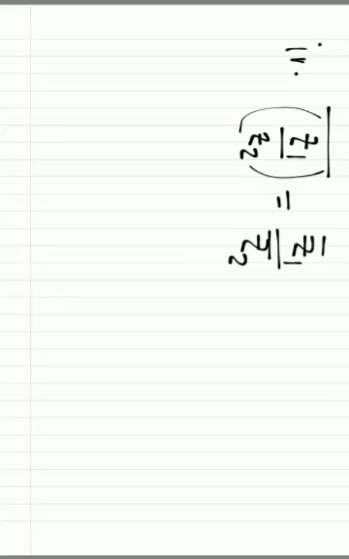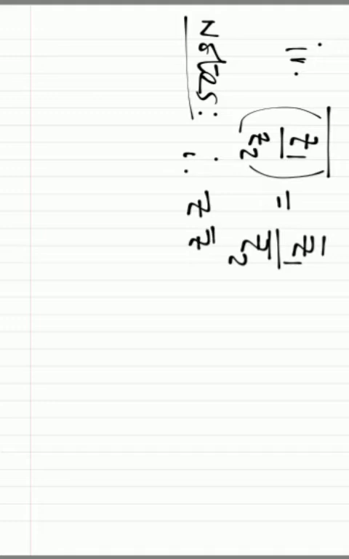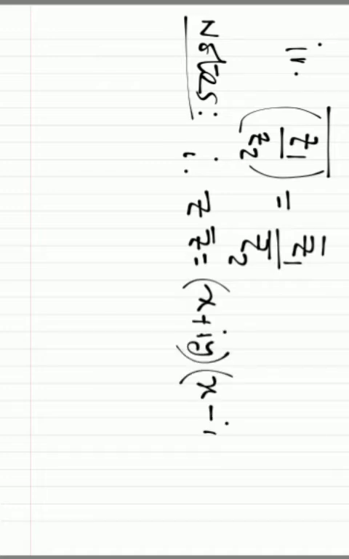Now see, some notes are there. Number 1, if you multiply z with its conjugate, you will get something like this. If you take z equals x plus iy, you will get this product for z into z bar.